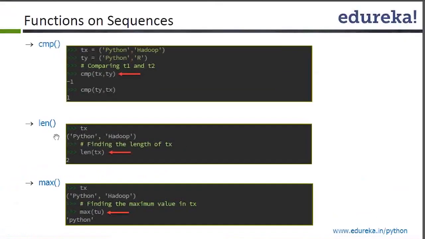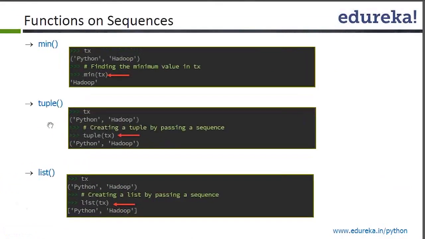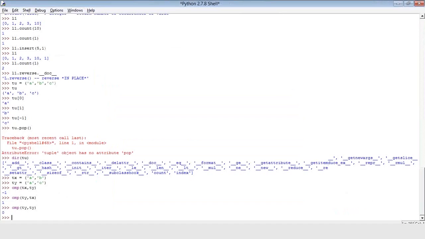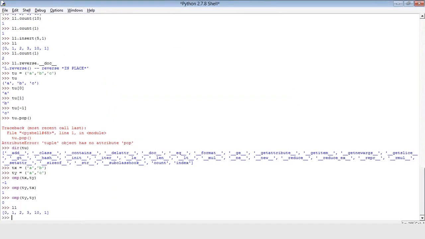Now moving on. Again, length is the same, not repeating it. Maximum is again the same. Minimum is the same. You can create a tuple from a list. Let's say, for example, L1.